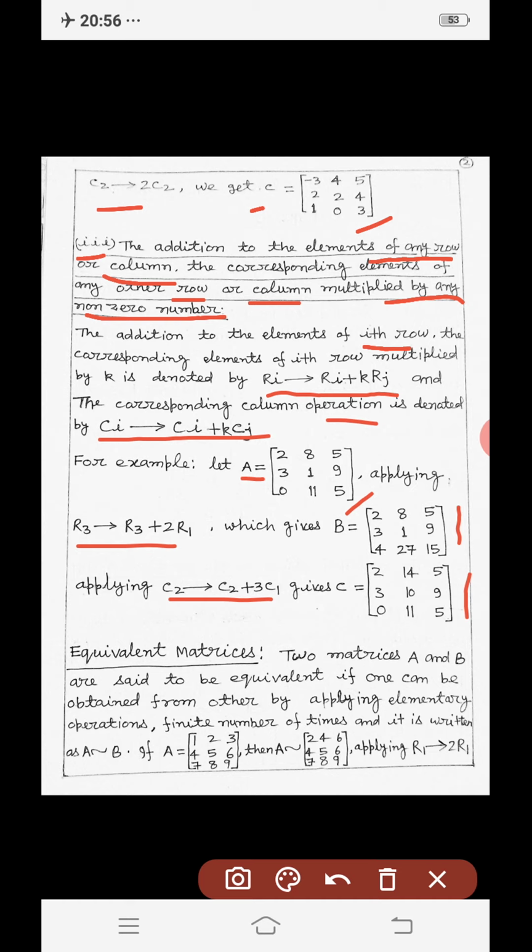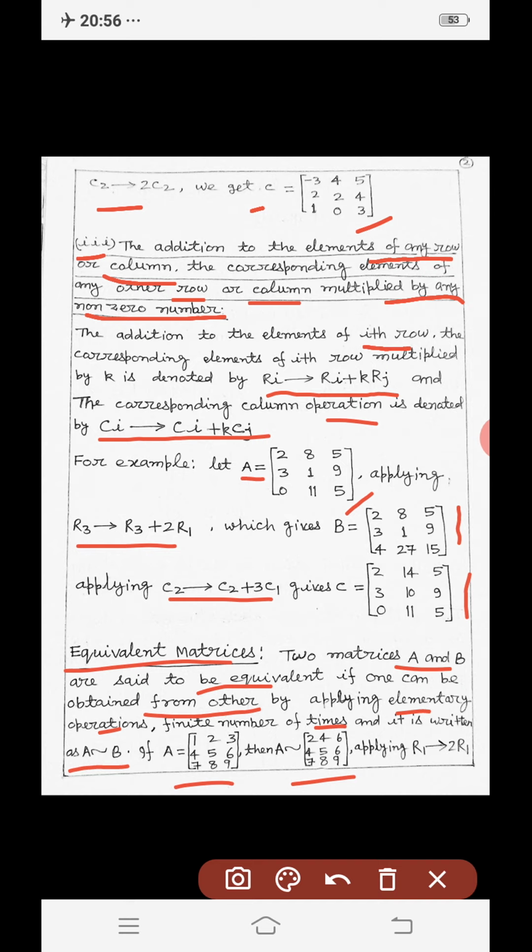Now we discuss equivalent matrices. Two matrices A and B are said to be equivalent if one can be obtained from the other by applying elementary operations a finite number of times, and it is written as matrix A equivalent to matrix B. If matrix A is equal to 1, 2, 3, 4, 5, 6, 7, 8, 9, then A is equivalent to matrix 2, 4, 6, 4, 5, 6, 7, 8, 9.